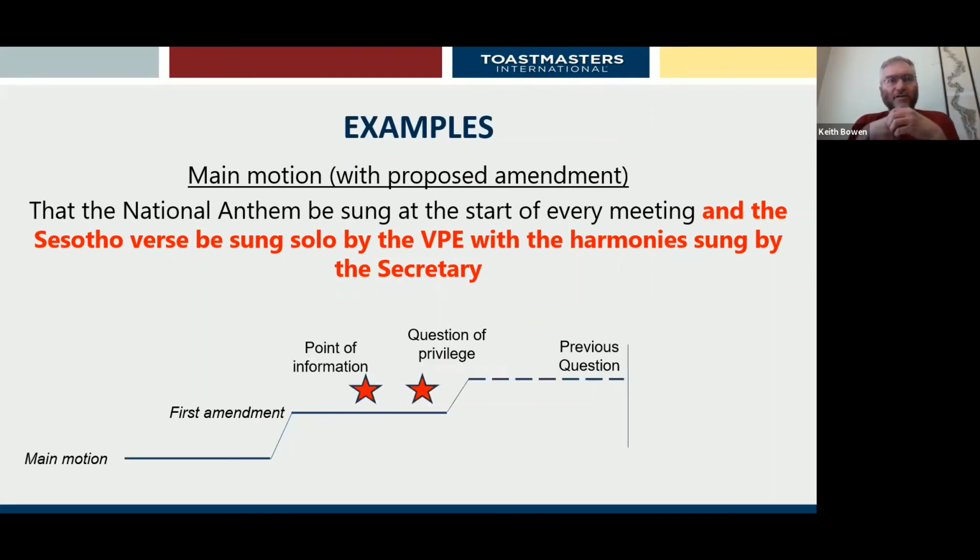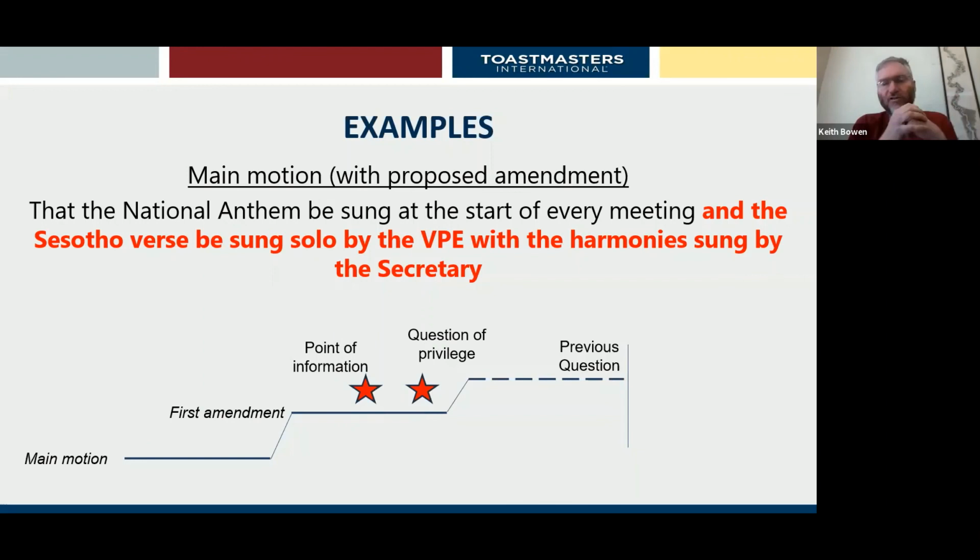So here again, if we go to the same one, the idea is that we have a point of information. Someone pops up and says, well, there's a point of information, I've heard the secretary sing and it's a disaster. I'd like us to think about that. And then someone pops up with a question of privilege. All of these interrupt the flow, but they don't change any pending item.